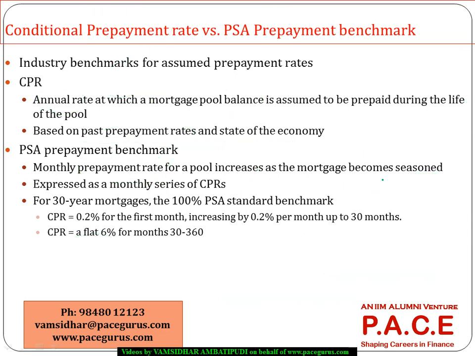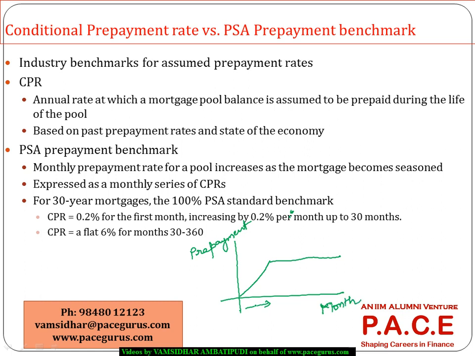So here they came out with a mechanism saying the prepayment rate keeps increasing like this as the age increases, and there is a possibility that it can stabilize. So this is your prepayment rate, and this is your year or probably month.